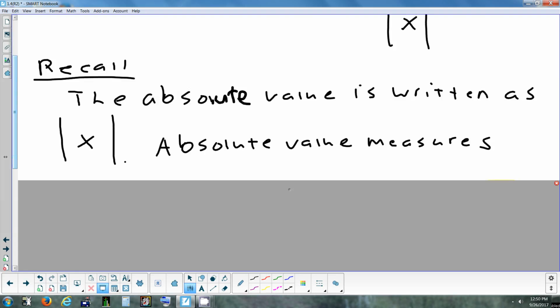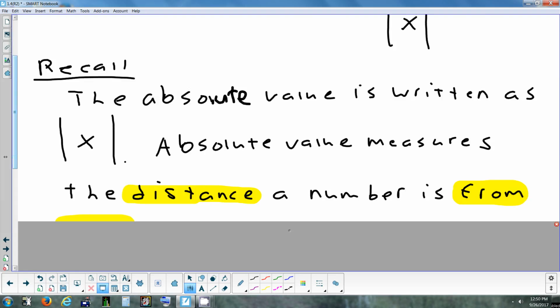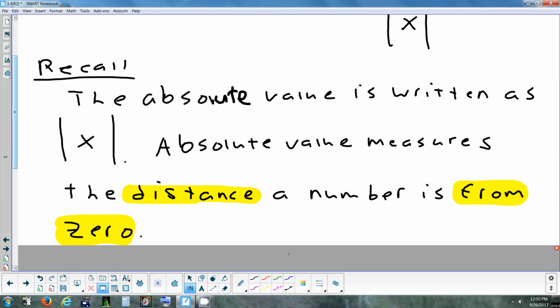The way you pronounce that is the absolute value, and then just say what's inside the bars. What's inside the bars? x. Yeah, the absolute value of x. Now, you don't have to write any of this right now, as long as you know it.